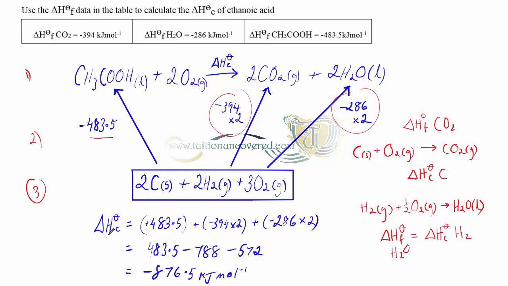My calculation, delta H C combustion, the direct route, is equal to, now this time from here, reactants to products, I have to go down this arrow, positive 483.5, up those arrows, so therefore the values are as they are, minus 394 times 2, minus 286 times 2. Add the 3 together, they're the numbers, that's my final answer.